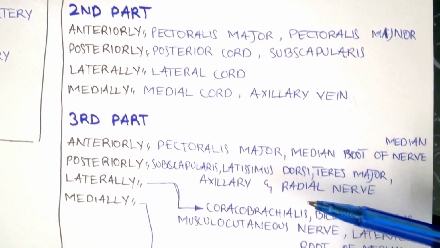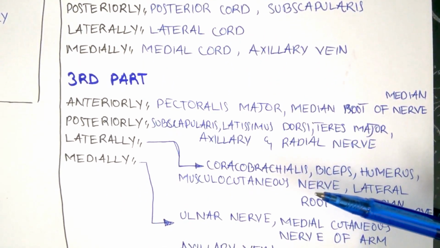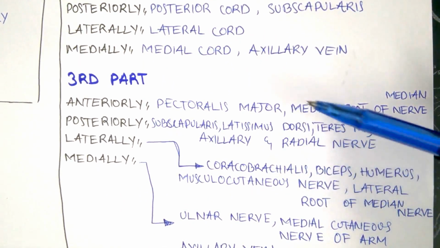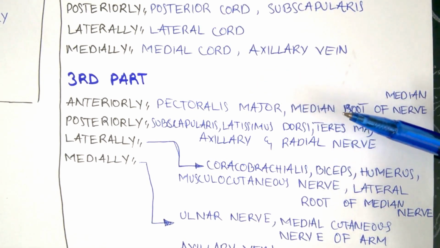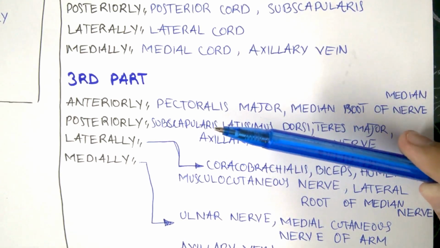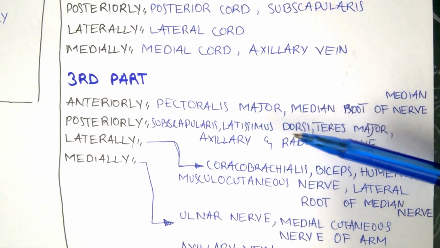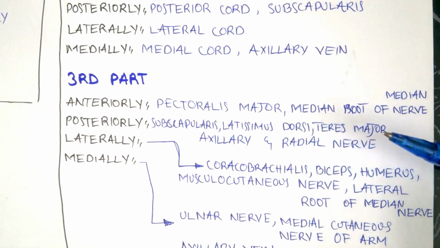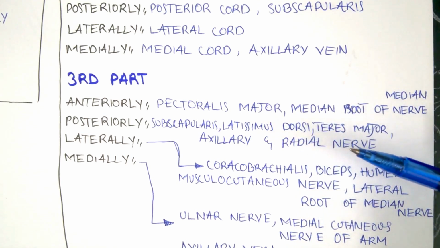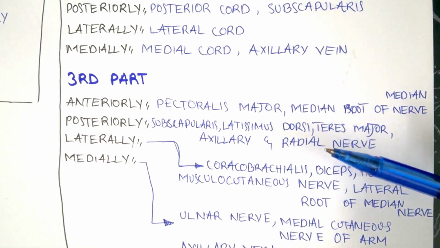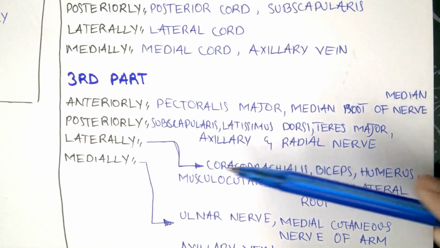Now looking at the third part, which is a little bit more complicated than the first and second parts. Anteriorly there is the pectoralis major and the median contributing root of the median nerve. Posteriorly there is the subscapularis, latissimus dorsi, teres major, and the axillary and radial nerves, which both arise from the posterior cord.